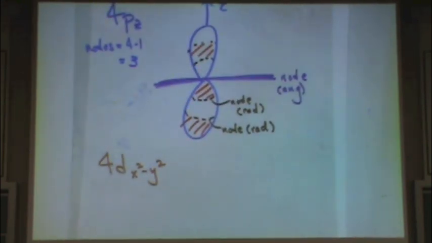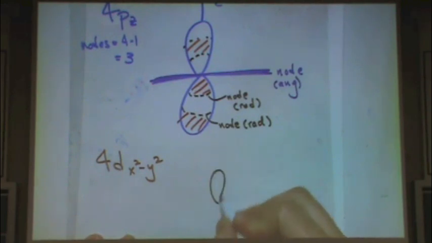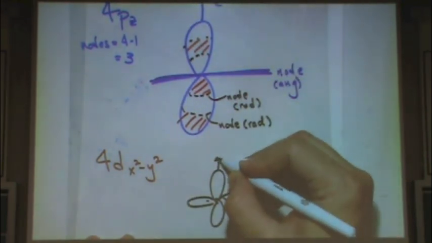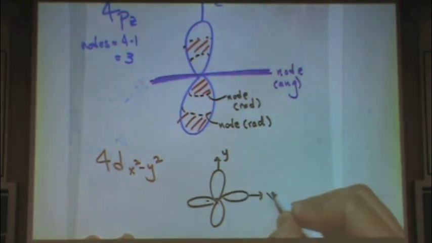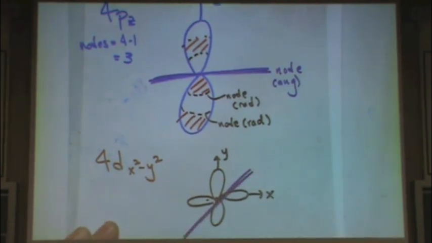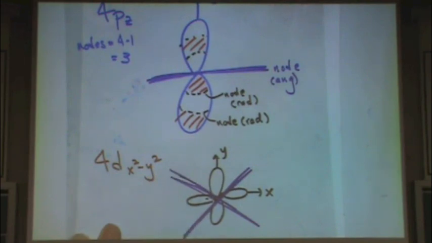All right, 4dx squared minus y squared. How would you draw that? Well, draw a dx squared minus y squared, and that's a four-leaf clover on the x and y axis. And then, how many angular nodes does this have? It has two, and only two, and they're planar. One's there, and one's here.